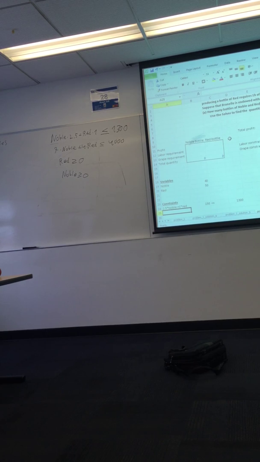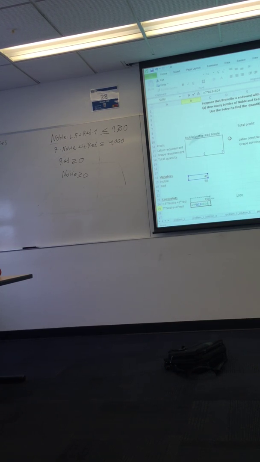And then the other constraint is that 7 multiplied by Nobel plus 4 multiplied by Red, and I will do it again, to the right, 7 multiplied by Nobel plus 4 multiplied by Red, and then I want it to be lower or equal to 4,000.